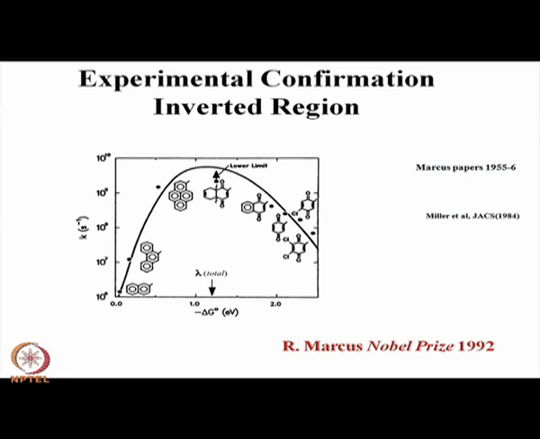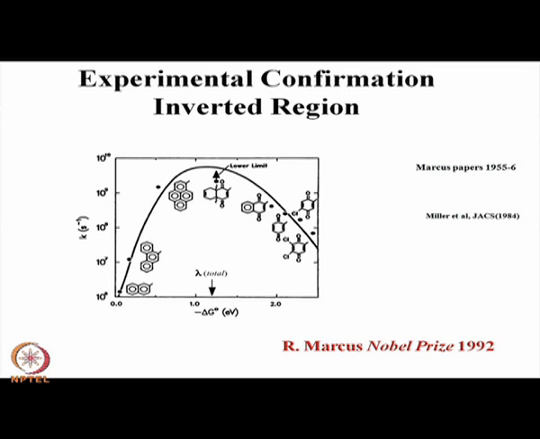If you look into this diagrammatic representation, you can understand that if you go in this direction, then delta G double dagger again increases, and that reduces the rate of electron transfer. For giving this type of model, Marcus was awarded the Nobel Prize in 1992 for his work on electron transfer reactions in solution.